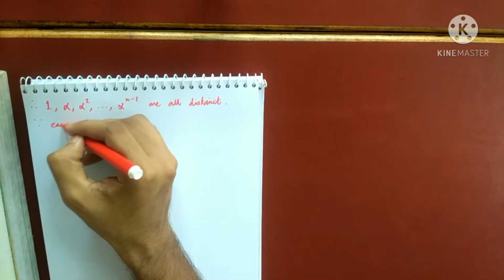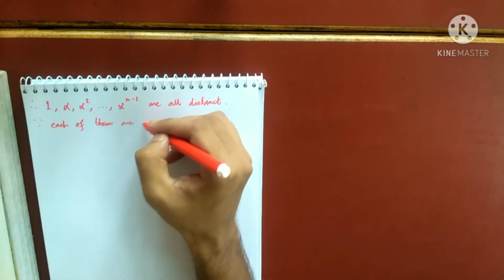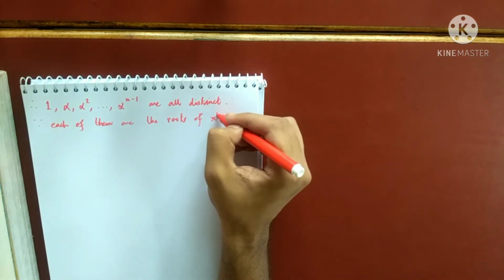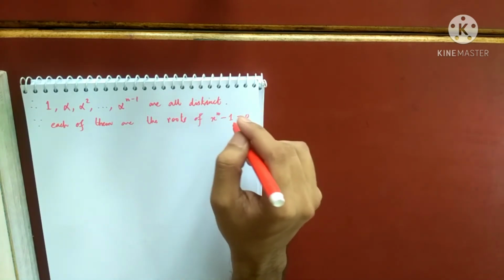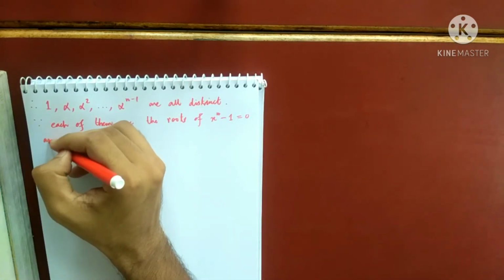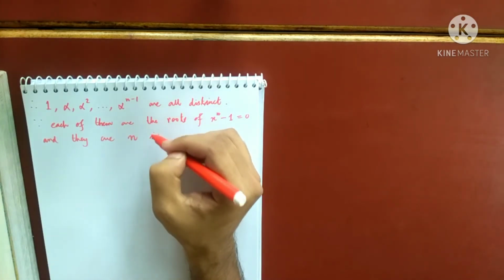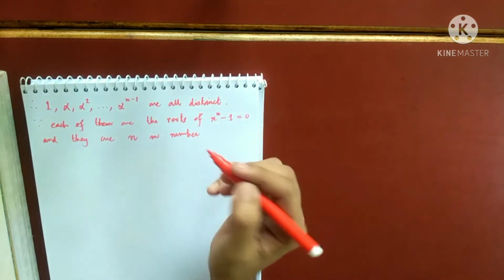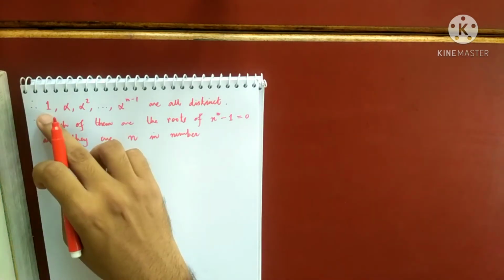Since each of them are the roots of this equation, and they are n in number. So how many roots are there? N in number. You see, I have got n distinct roots and the degree of the equation is n. That means there cannot be more than n roots other than these.